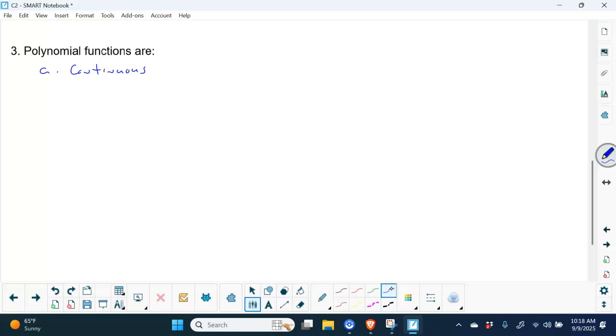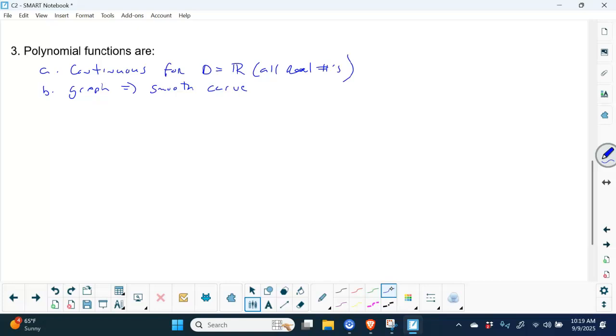So that means it's continuous for the domain equals all the real numbers, right? That's a symbol for all real numbers. Right, so continuous. The graph of any polynomial is a smooth curve.